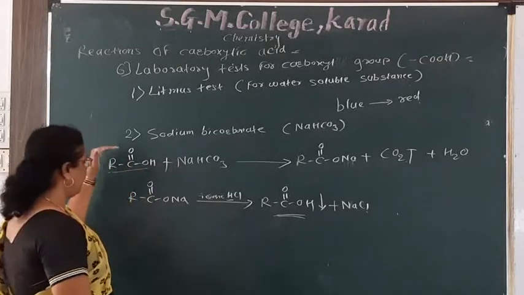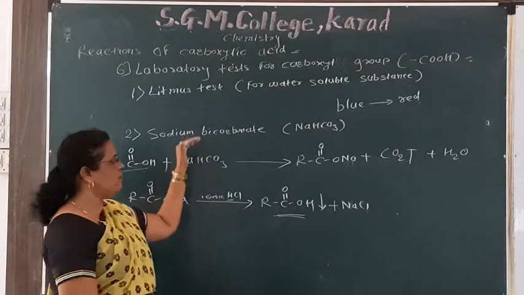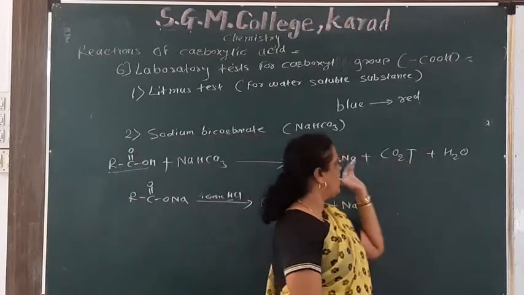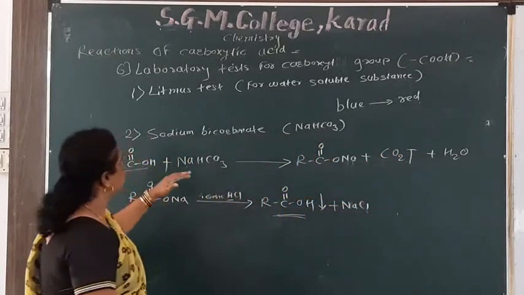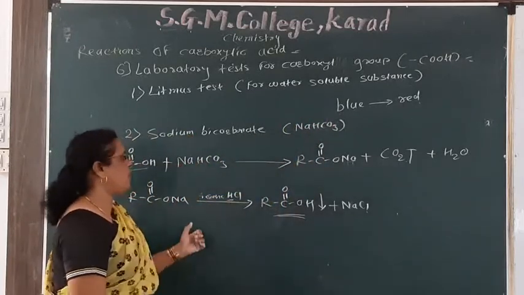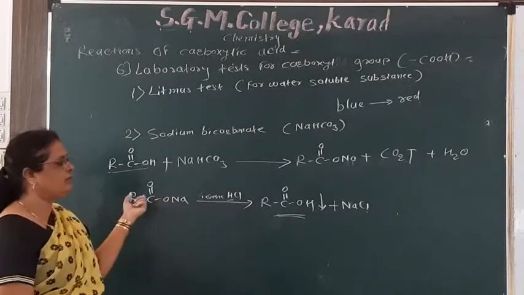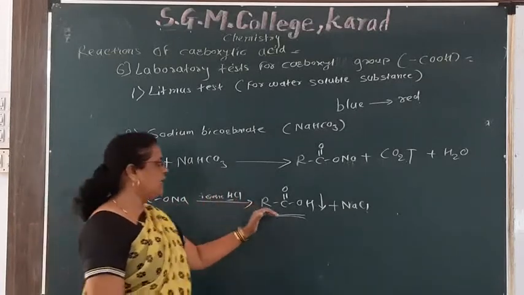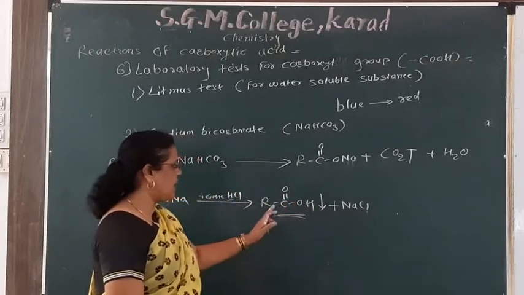In this case, when sodium bicarbonate is added to the organic compound containing COOH group, we get effervescence of carbon dioxide. Then this indicates that COOH group is present in that compound. Or the sodium salt of carboxylic acid on acidification with concentrated HCl gives a precipitate of carboxylic acid, RCOOH.